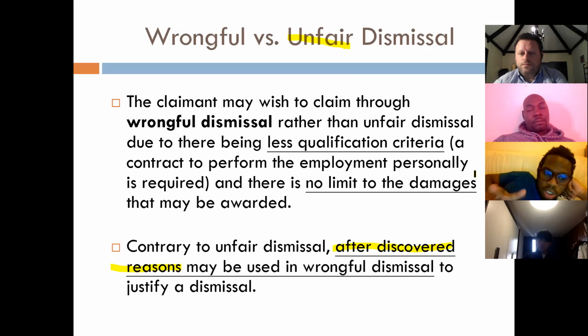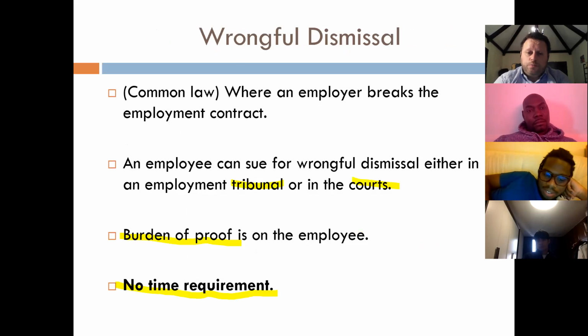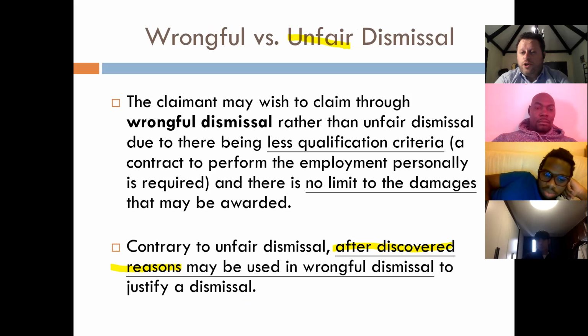So what is the difference between the two? So wrongful dismissal is harder for you if you're the employee to prove, because you have the burden of proof. You need to prove that you were fired unfairly. And because you need to prove that, I can look for any reason that you should have been fired.